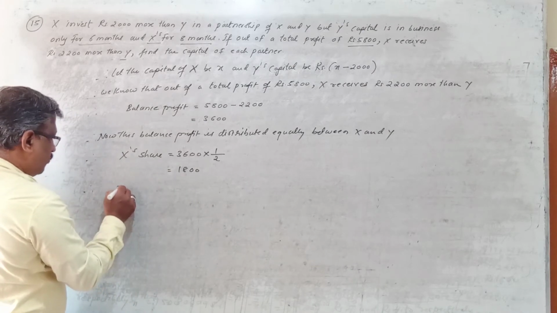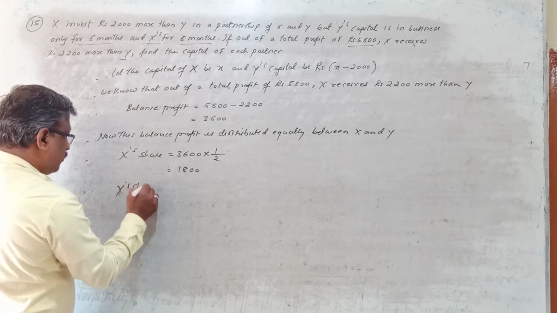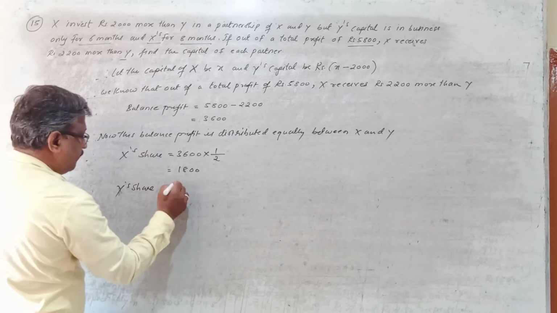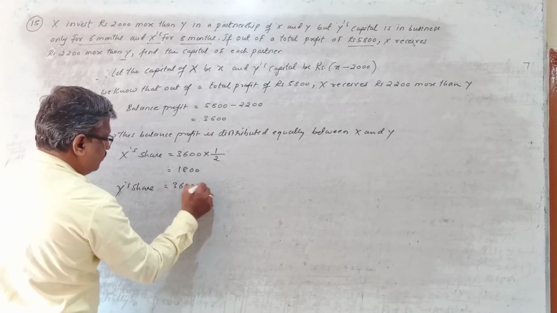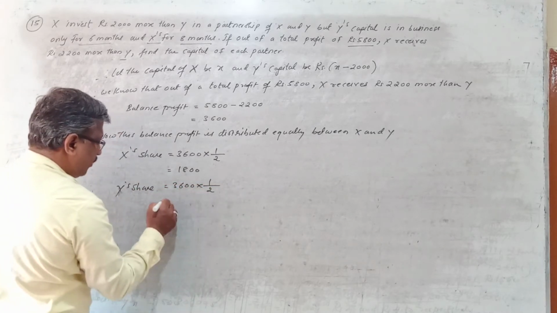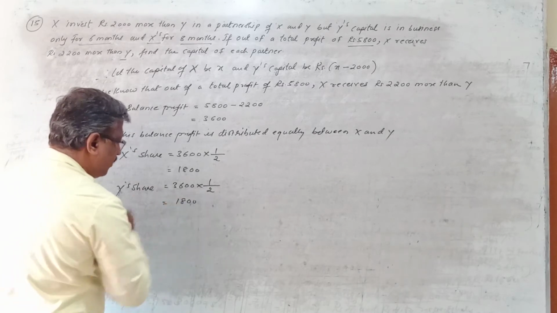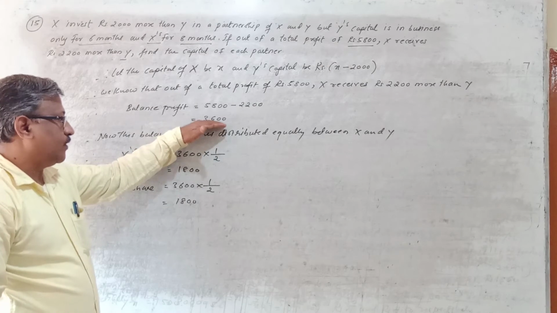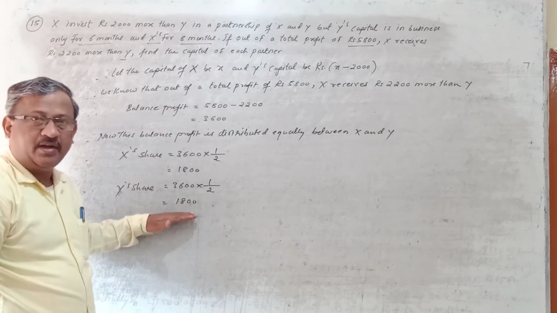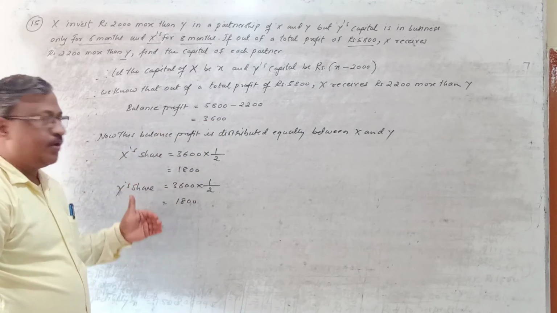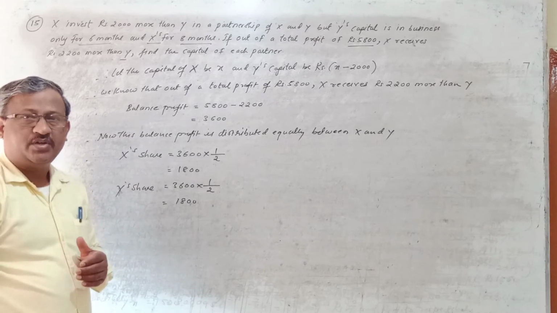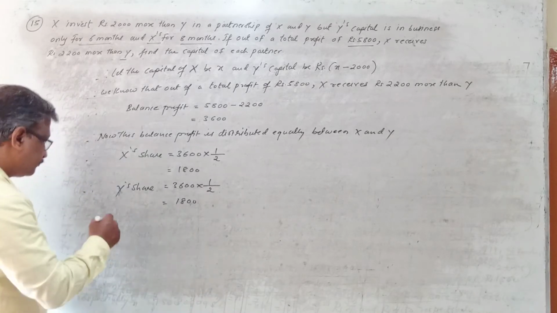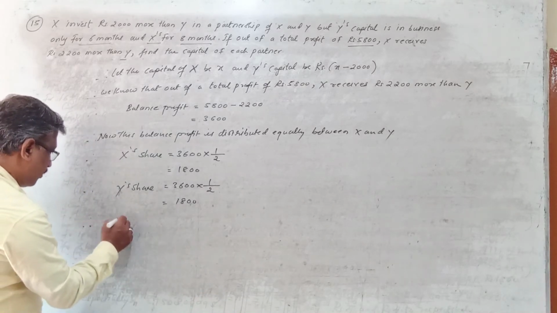I have to find Y's share. Y's share in the balance profit is equal to 3,600 multiplied by his share, also 1 by 2. So he will also get 1,800. Means up to 3,600 rupees profit, X will get 1,800, Y will get 1,800. So now what you have to find? Now you have to find out the total share received by X and Y. Now you calculate X's total share.